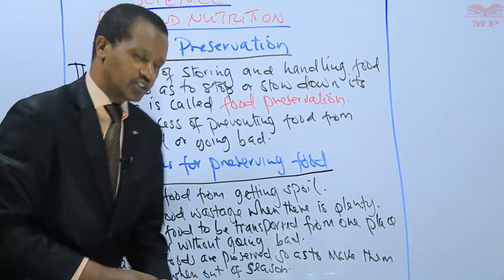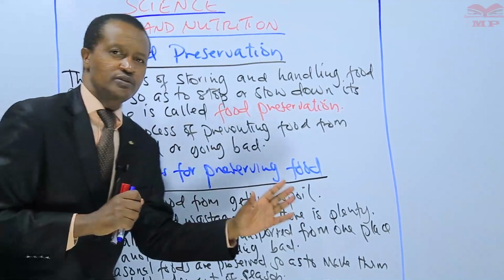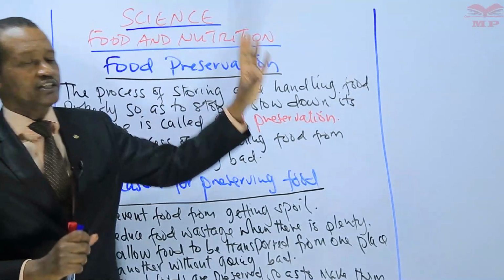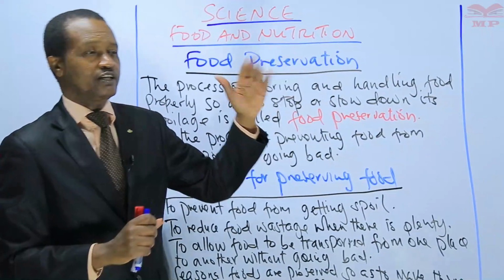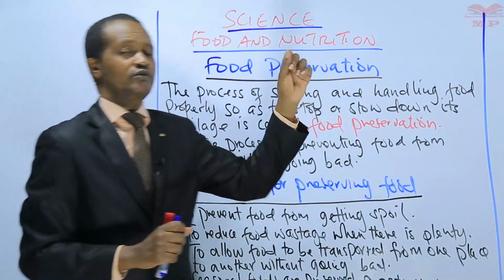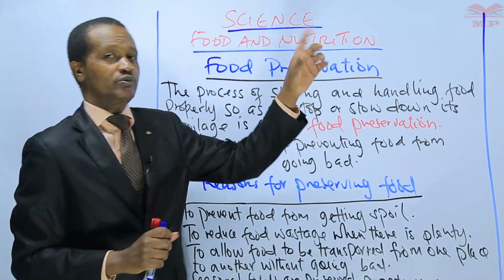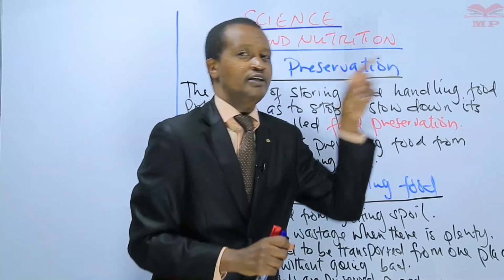Learners, there are some foods which grow in seasons. For example, in a year, there are these foods that are grown and harvested after a period of time. I gave an example of maize, which we plant from where I was born. Learners, I was born somewhere.